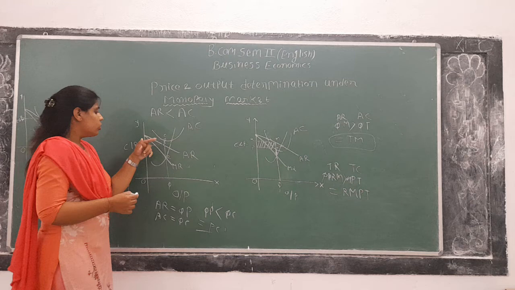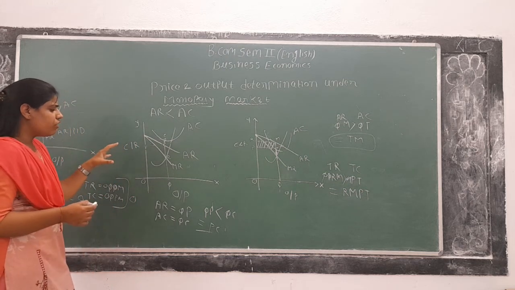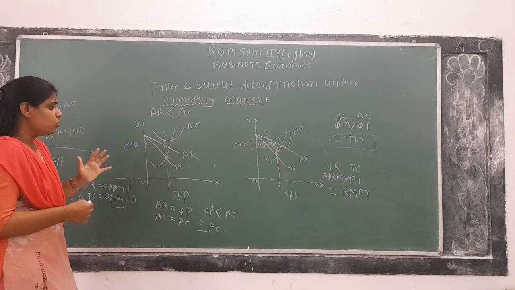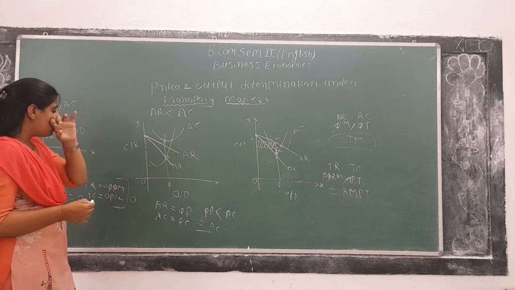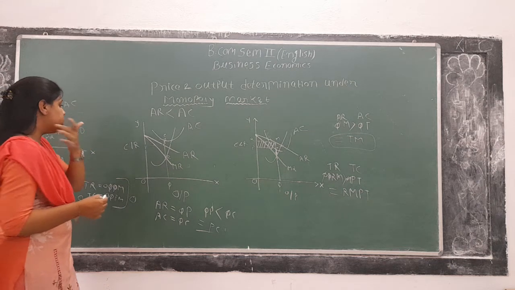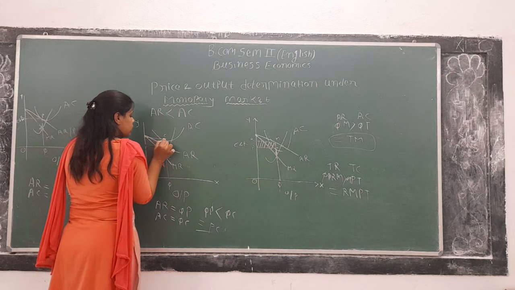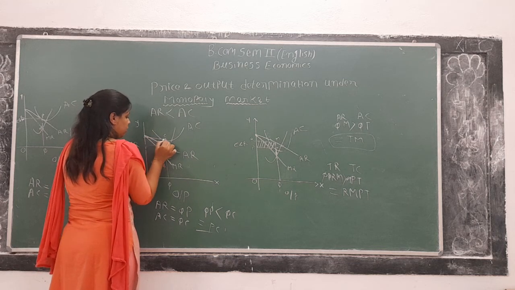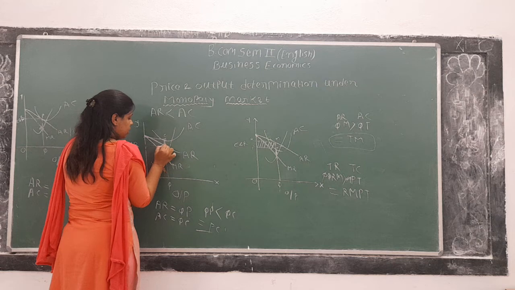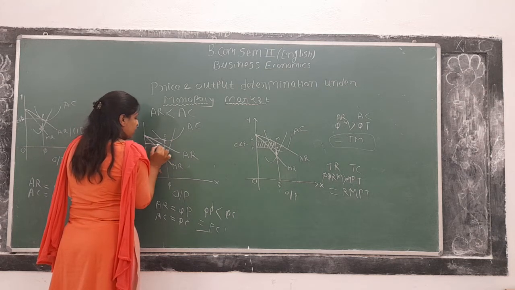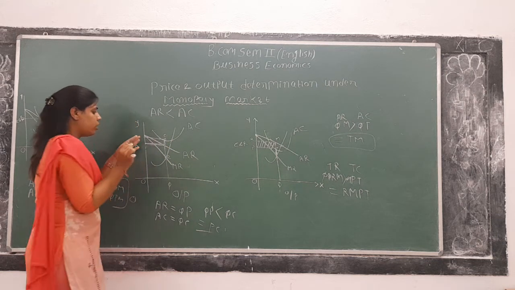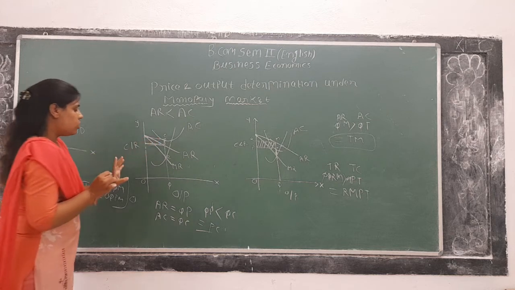So if you are going to find out the total revenue and the total cost, it will be like this. First of all it will touch the OC, and this is the OP. This is OC and this is OP.